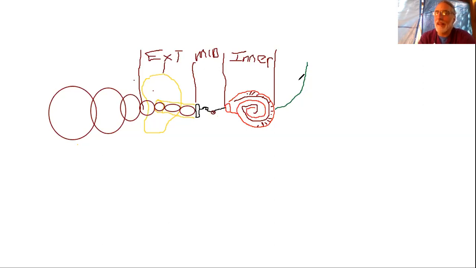Okay? Not the most efficient system. And a breakdown in any one of these areas can cause hearing loss.